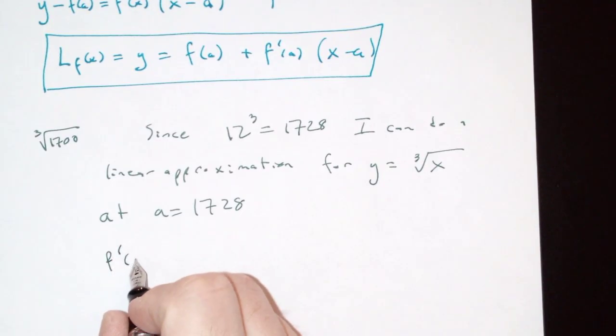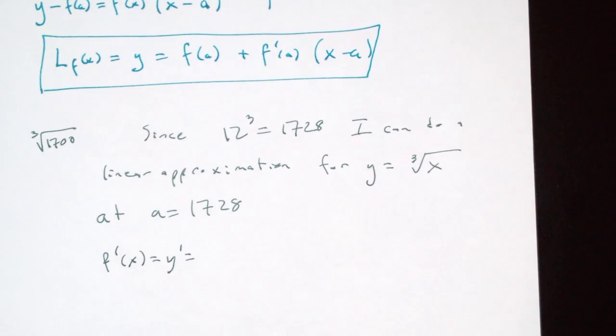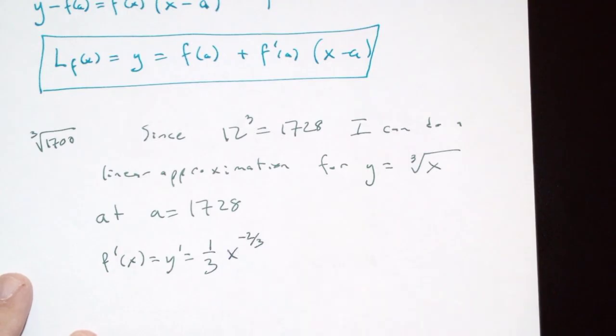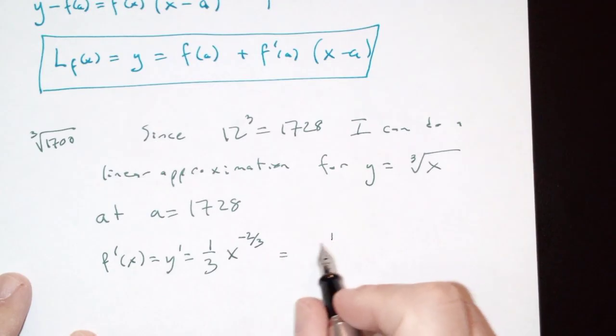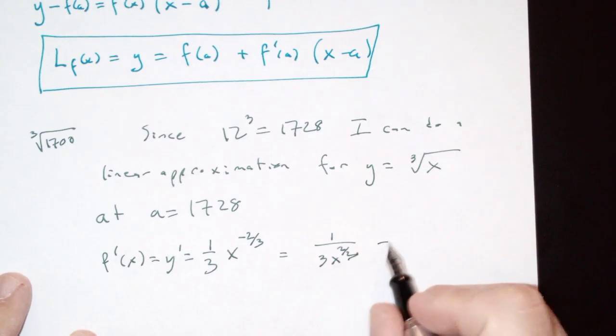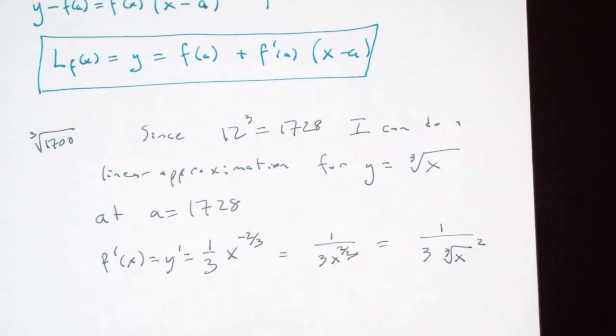F prime of x is 1/3 of x to the negative 2/3. Now, I'm going to write that with the x to the 2/3 on the bottom, and I'm going to write that as a cube root squared. Because a 2/3, the third becomes the cube root.